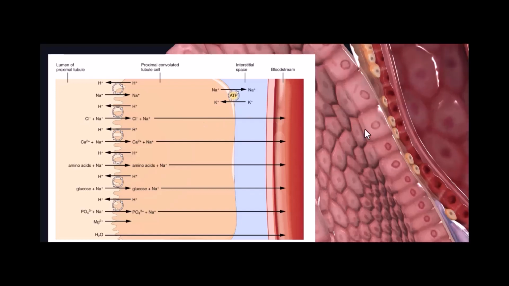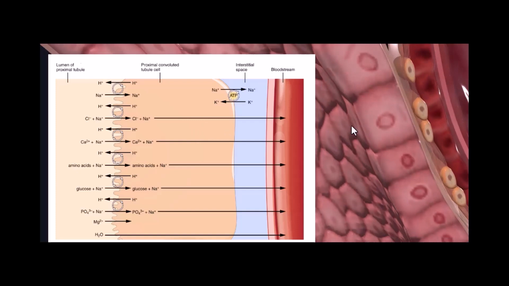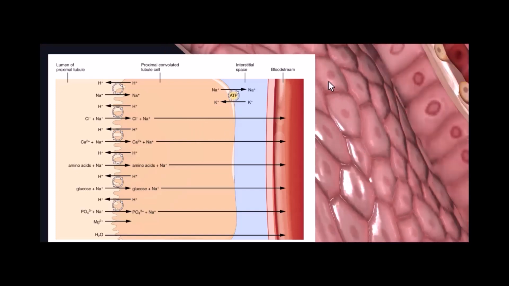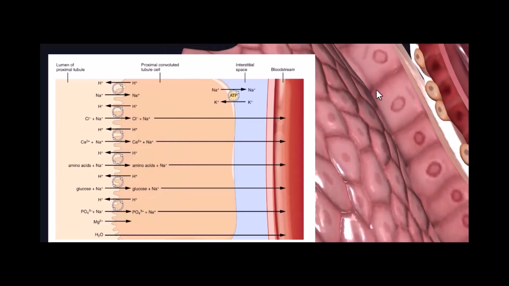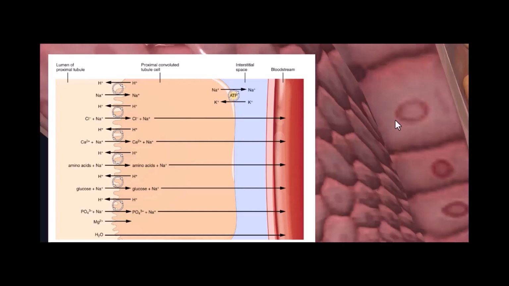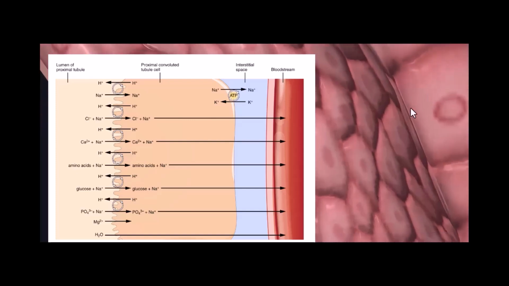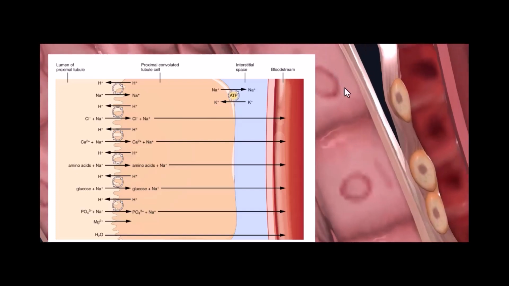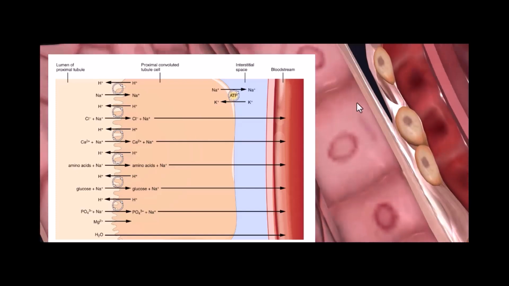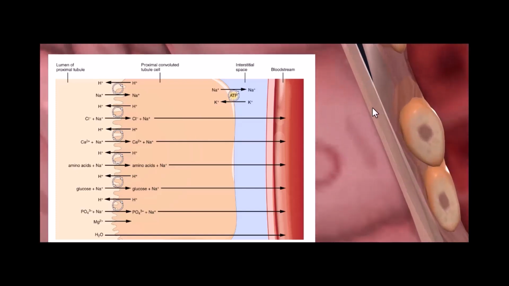When we look at the cell, this portion of the cell that is facing the inner section is called the lumen section. This portion of the cell that is closest is called the apical region. And the cell that is facing away from the lumen is this portion of the cell, and that is called the basal region, because the basal region is close to the base membrane.